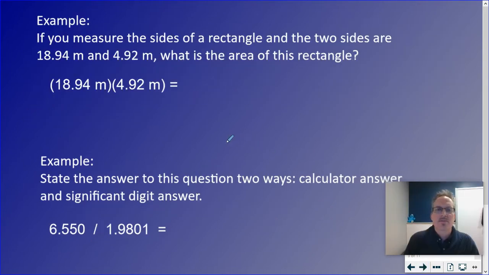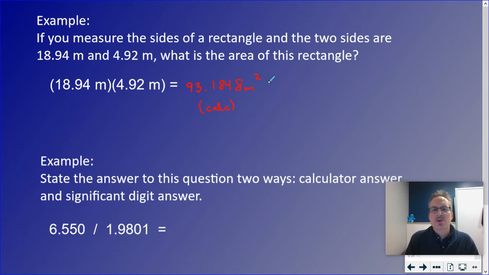Let's try another example. This time we're going to find out the area of a rectangle. So we're going to multiply 2 numbers together: 18.94 times 4.92. And the calculator number is actually a big, long, ugly number: 93.1848 meters squared. Again, this is my calculator value.